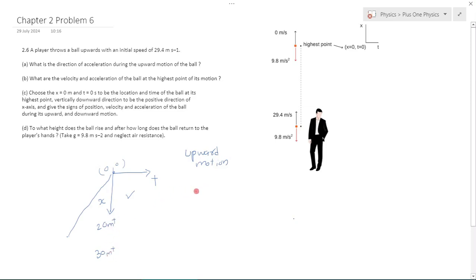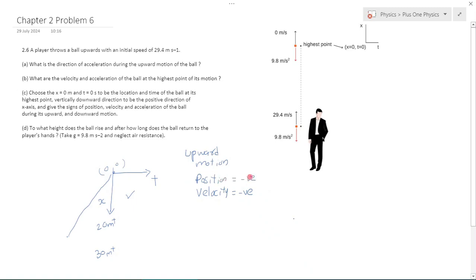So we can say that a decrease in position, a negative change in position with respect to time, means the velocity is negative, and the position also decreases.